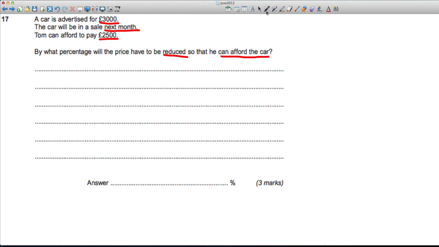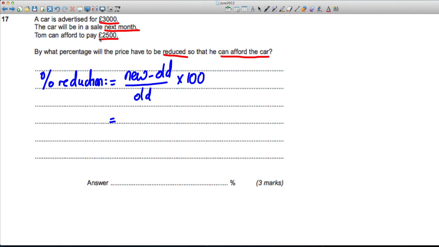Okay, so the percentage reduction must be equal to the new price, take away the old price, divided by the old price times 100. Okay, that's just a formula you need to know.